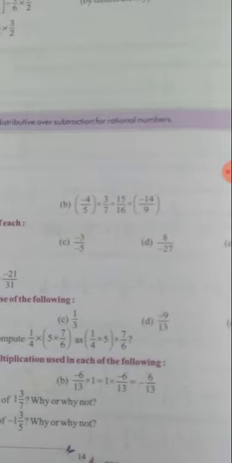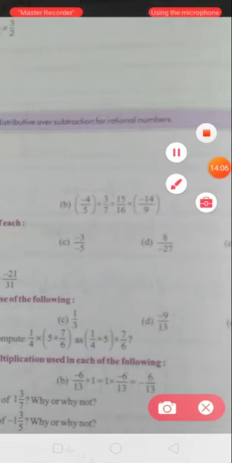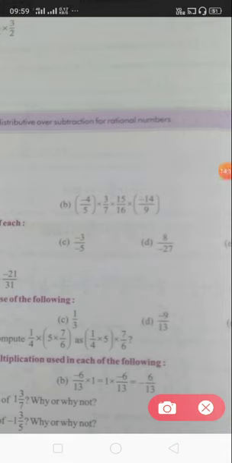Okay, in the B part, what is written there? Minus 6 upon 13 into 1, 1 into minus 6 upon 13 equal to minus 6 upon 13. One thing you notice here: minus 6 upon 13 multiplied by 1, we will get the same number, minus 6 upon 13. Similarly here 1 multiplied by minus 6 upon 13, again we will get the same number, minus 6 upon 13.